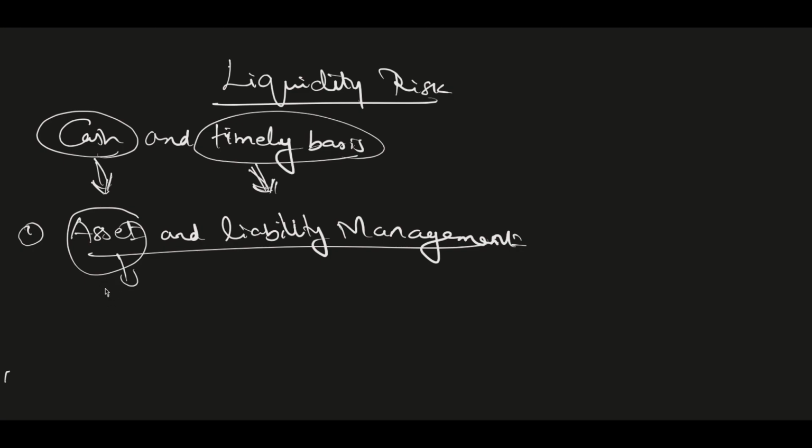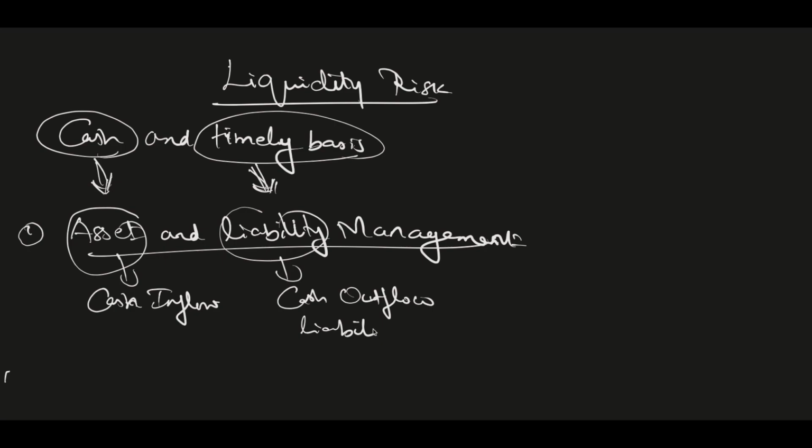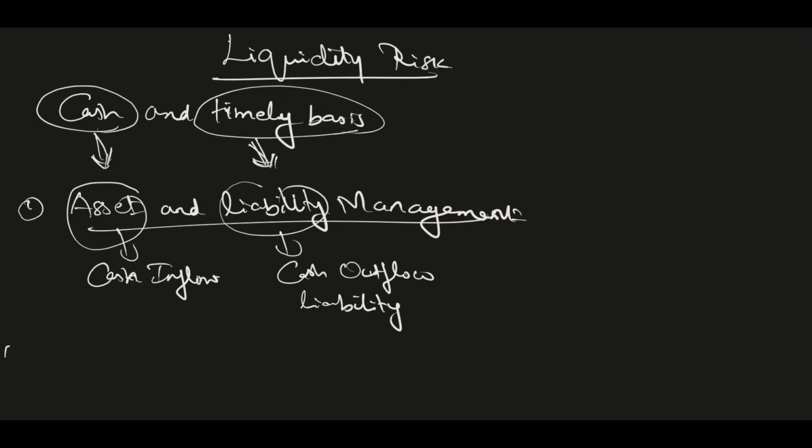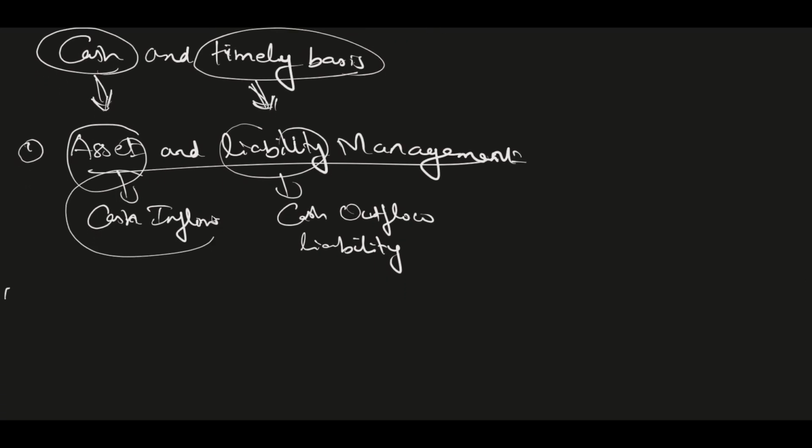Asset here refers to cash: cash inflow to manage cash outflow, or liability. Basically, asset liability management refers to making sure that there is enough cash to pay off the liability.